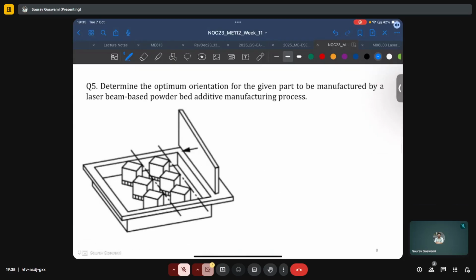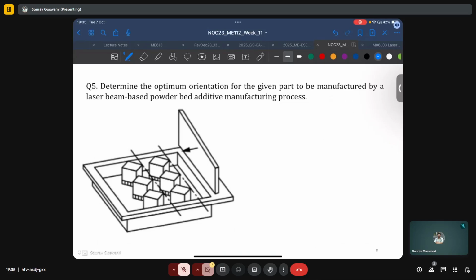This is the second question, which might be similar to what we saw in the slides, and so it should be easier to attempt. Here already each individual part is twisted or tilted with respect to the recoater axis in order to minimize the number of edges parallel to it, but they are still spread out in the part in the bed.